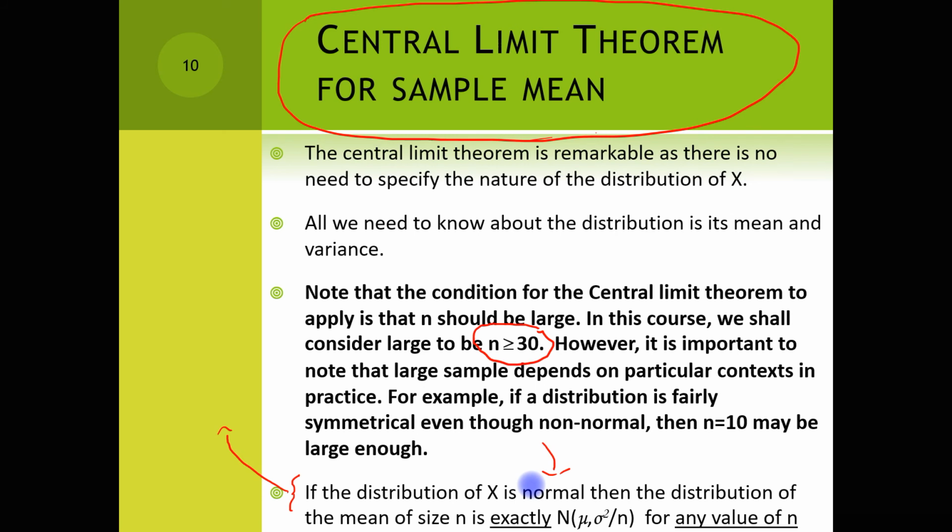What does this theorem state? If a distribution of x is your population here, don't forget the difference between x bar and x. There are two different things here. If your distribution of x is normal, now before I move on to this one, just remember something. I just want to point out something before I move to this one.